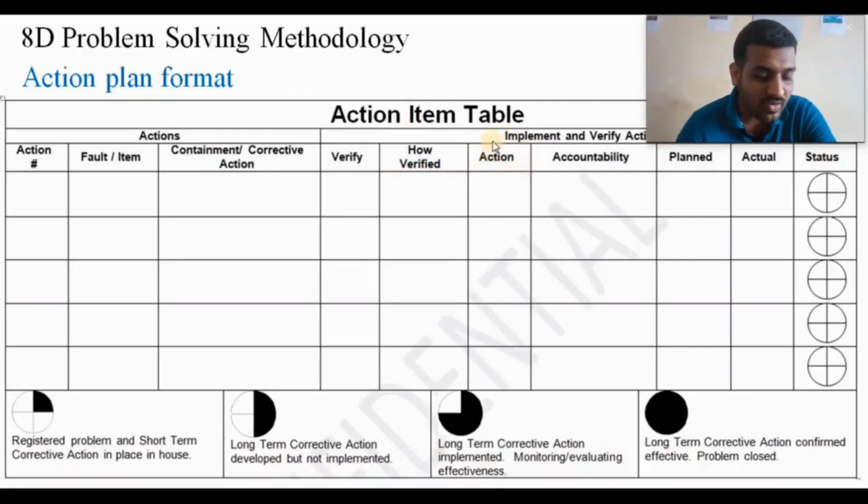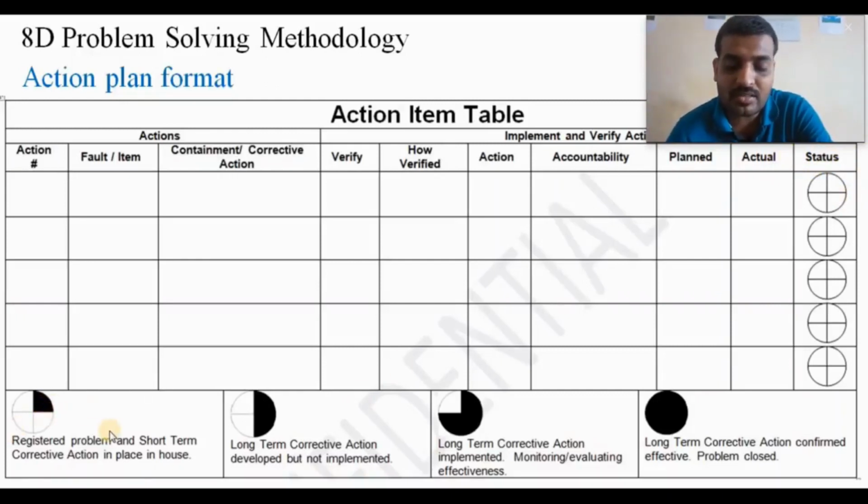At the end there is a status. The first quarter filled means the problem is registered and short term corrective actions are in place. Two quarters means long term corrective actions are developed but implementation is pending.